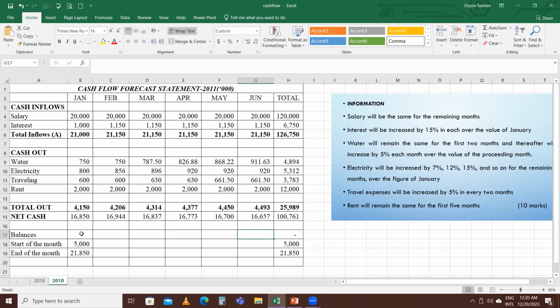Then now I have to put the balance. So in the paper, they may give the opening balance. So you have to take the opening balance. So here the balance should reflect the net cash flow.